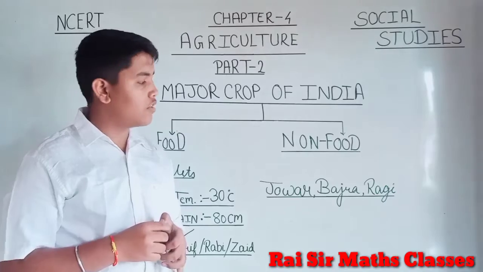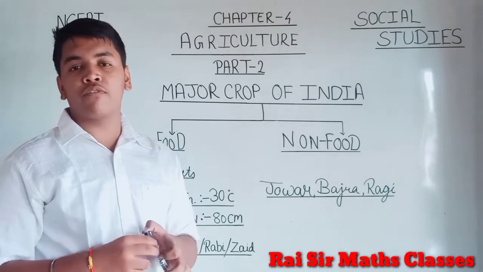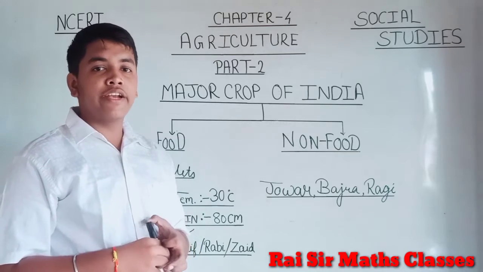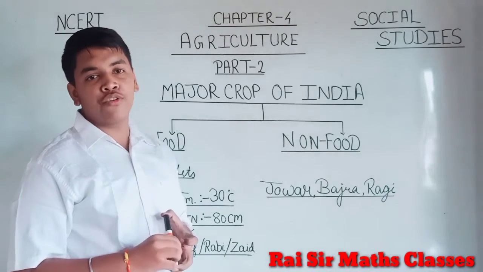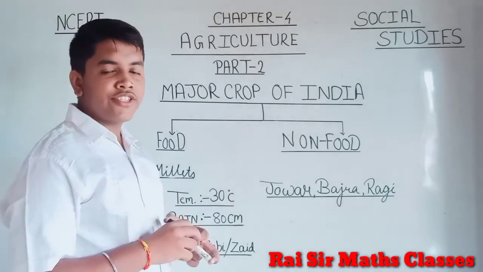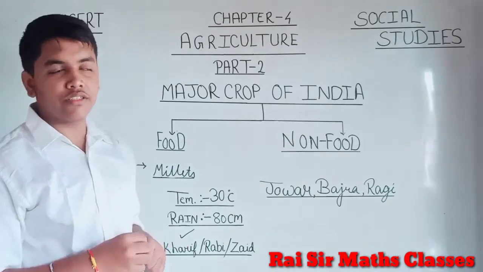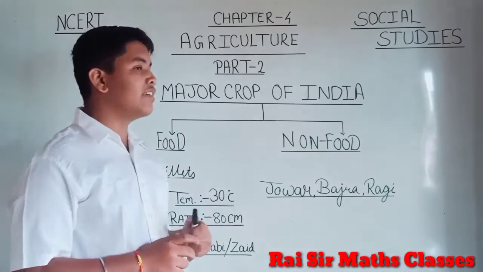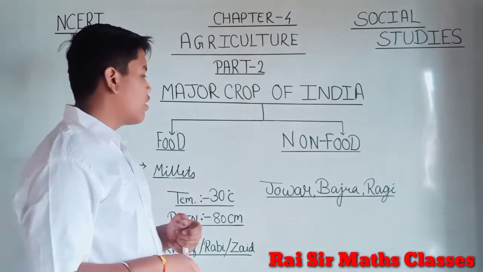Roughage does not have any calories, but it gives us protein, iron and micronutrients. So especially ragi is a roughage, rich in iron, protein, fibers, and some micronutrients. So it is the best source of nutrition.